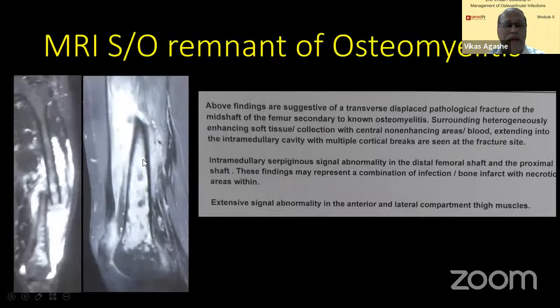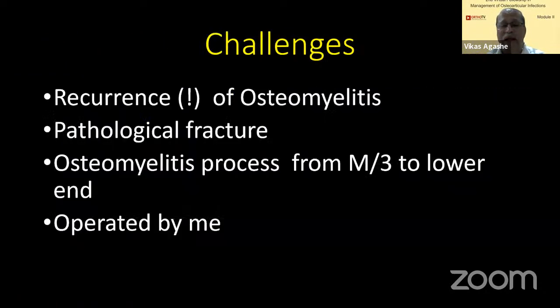So this is his MRI, suggestive of a displaced pathological fracture and extensive signal abnormality in the anterior and lateral compartment of the thigh. A combination of infection and bone infarct with necrotic area. So clearly the disease process had progressed and we now have a pathological fracture at hand.